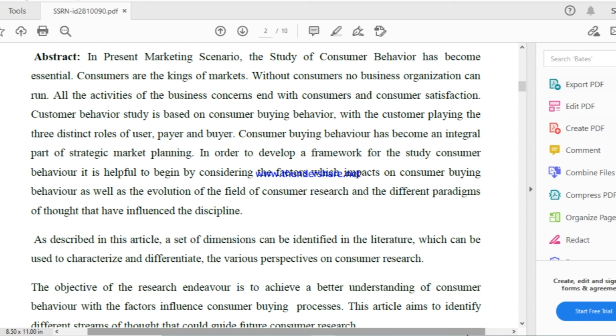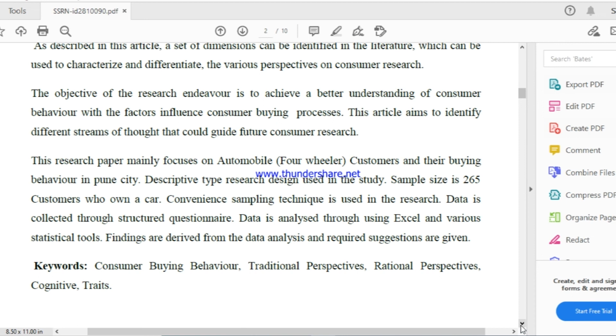So this is what the article is taking into account, and then they say that the objective of the research is to achieve a better understanding of consumer behavior with the factors influencing the consumer buying behavior process. Then they mention that they are focusing on automobile customers and their buying behavior in Pune city.